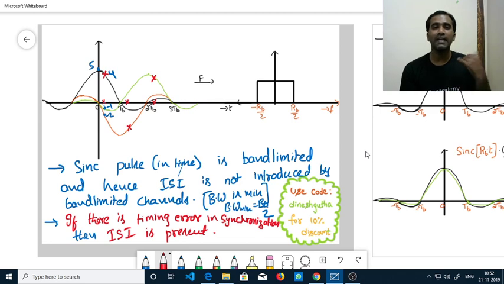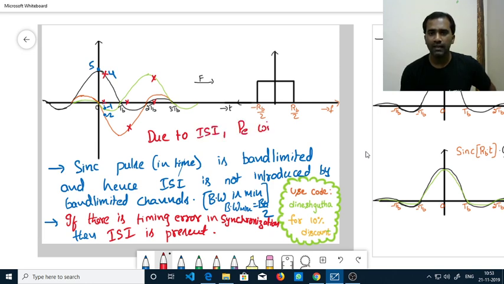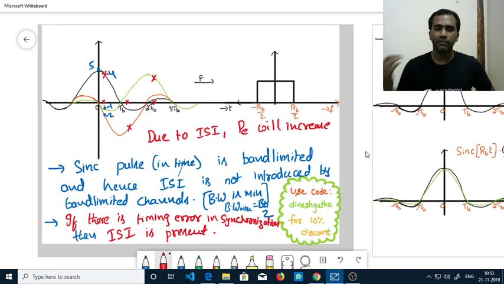Probability of error will increase due to ISI. I'm not saying all bits will be in error, but the number of bits in error will increase. Earlier, out of 1000 bits, if 1 bit was in error, now out of 1000 bits there will be 4 or 5 errors.